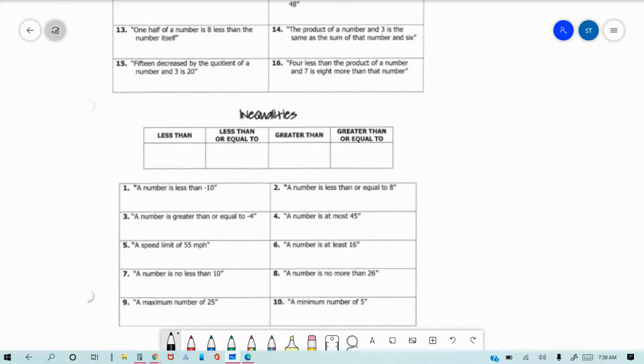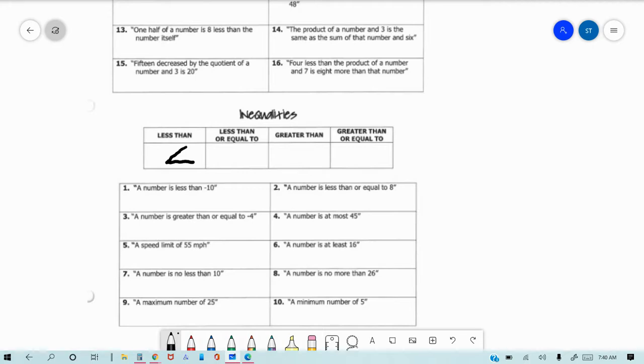Okay. So what is an inequality? An inequality is where you do not have an equal sign in your problem. An inequality is where you have a less than, a greater than, a less than or equal to, or a greater than or equal to. Okay, so less than always faces this direction. And I know when you guys were in elementary school, you would say the alligator eats the bigger number.